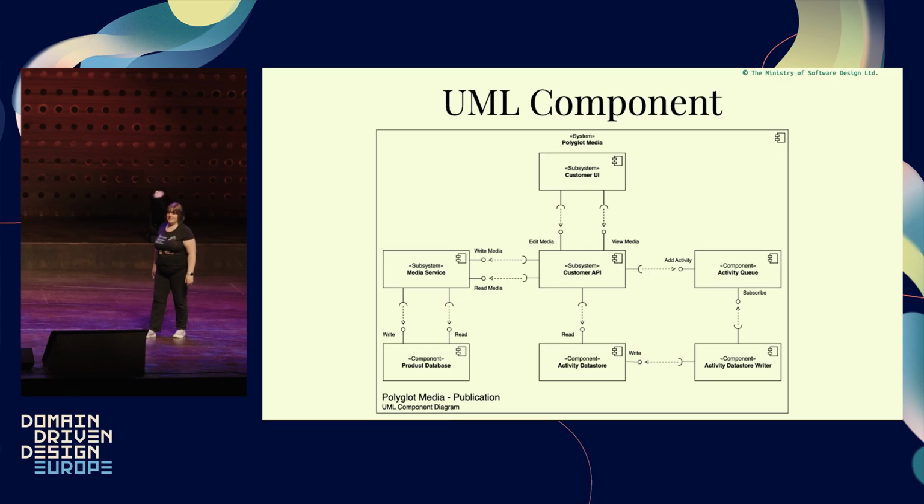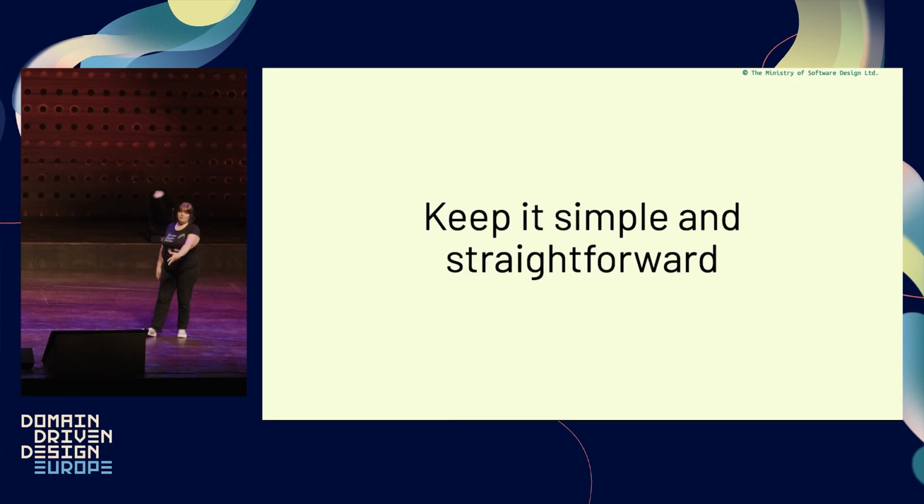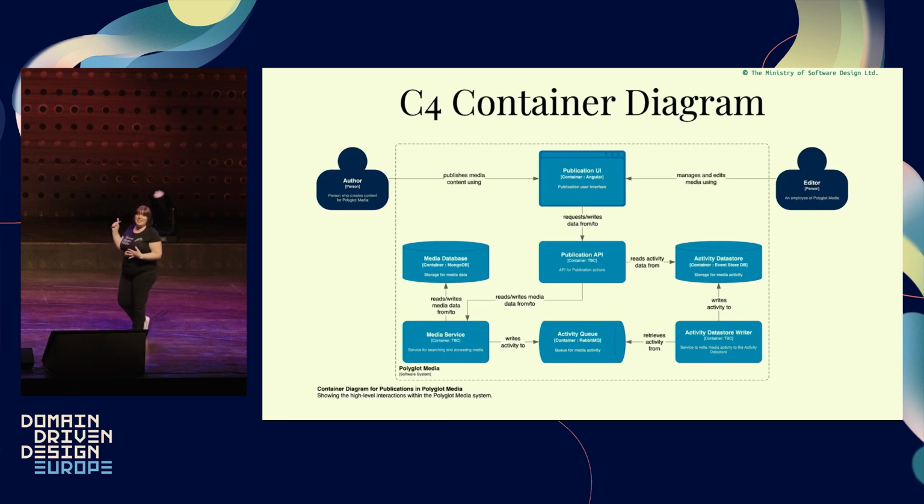Yeah, there's no software that does that for you. So what we need to do is keep it simple and straightforward, and get that information across to people. This communicates exactly the same information to people. It just does it in really easy to understand language. With a key, even better.